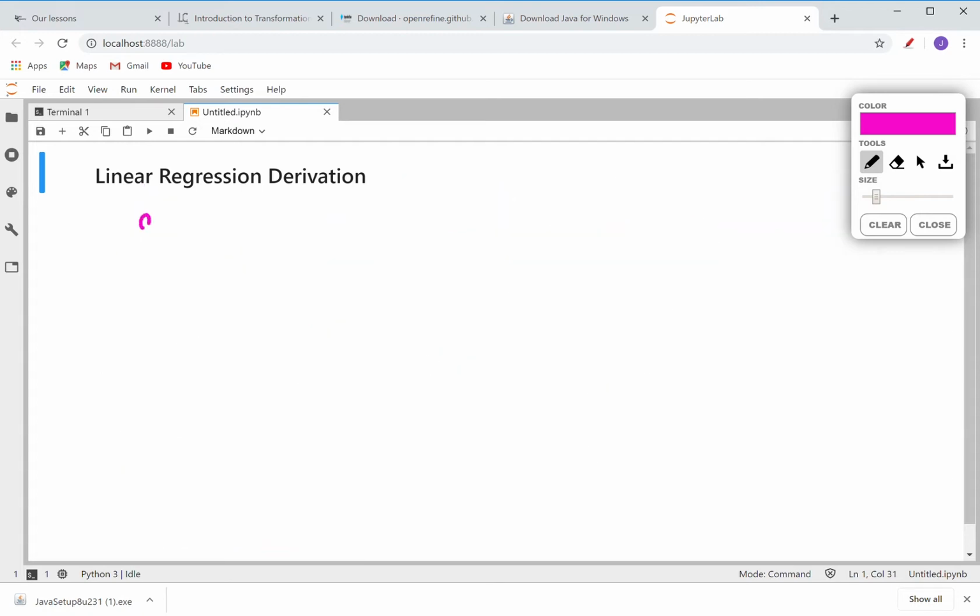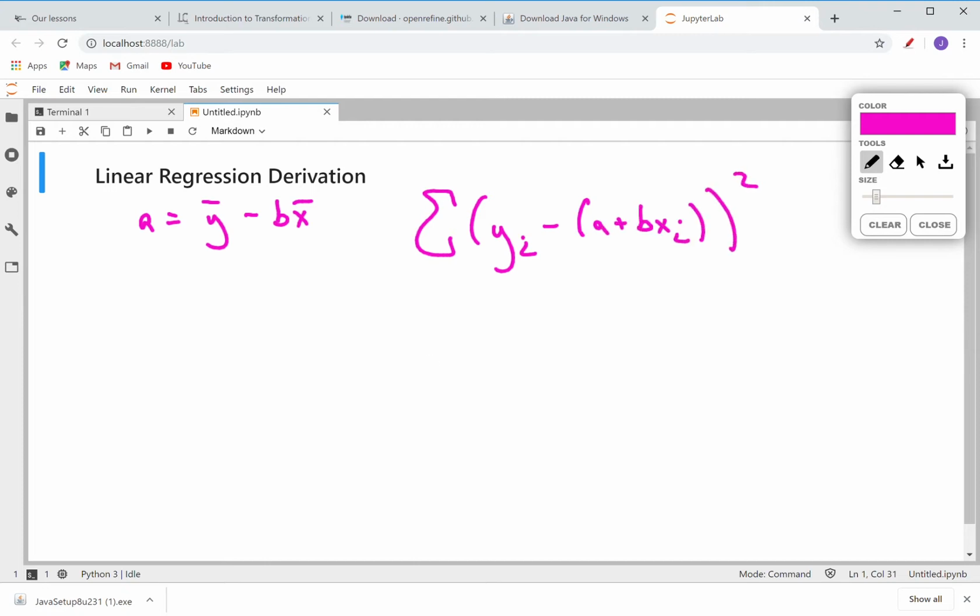We just found that a equaled y bar minus b x bar, right? And we had this expression that said the sum of (y_i minus (a plus b x_i)) squared. This was the thing that we were minimizing. But we can just go ahead and take back in here what we have for a.